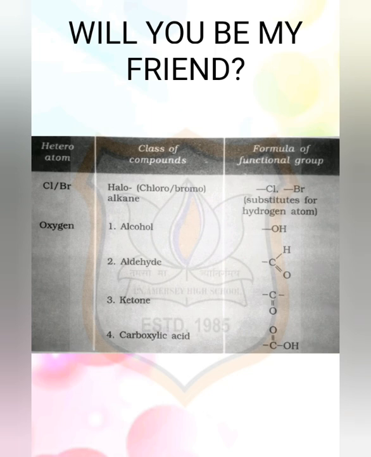Carbon also forms bonds with other elements such as halogens, oxygen, nitrogen, sulfur, etc. In a hydrocarbon chain, one or more hydrogens can be replaced by these elements such that the valency of carbon remains satisfied. In such compounds, the element replacing hydrogen is referred to as a heteroatom.